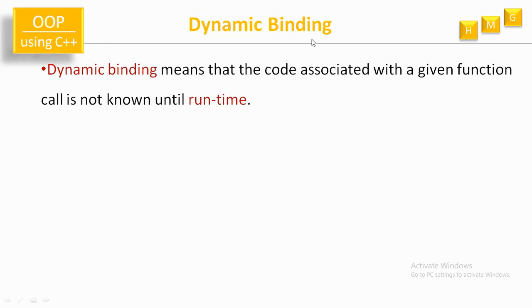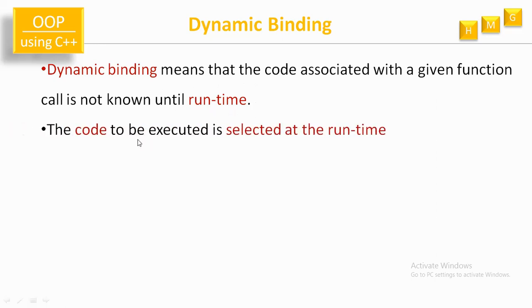Whenever the object calls a function to execute, which code is to be executed is not known in advance until runtime. So the decision is taken at runtime about which code to execute. That is nothing but dynamic binding.